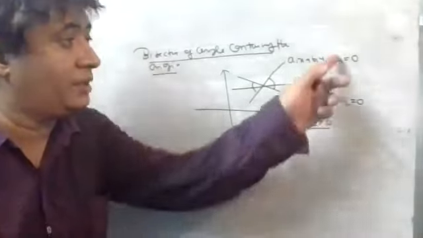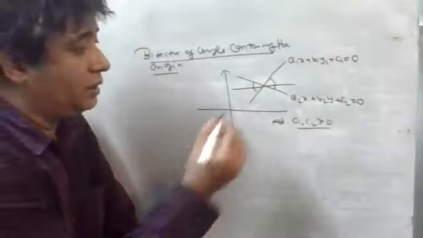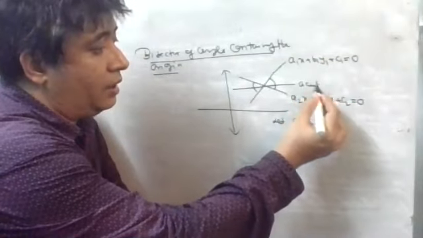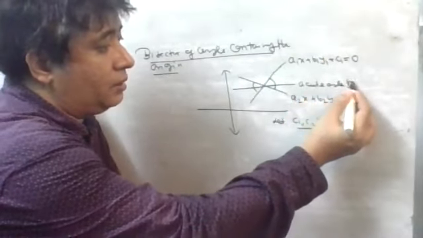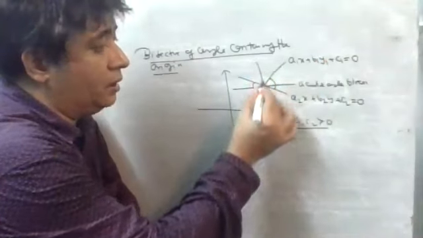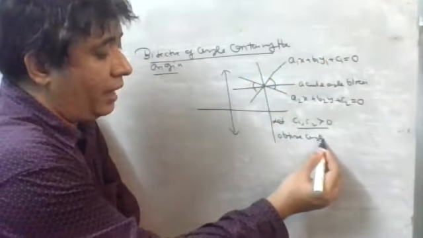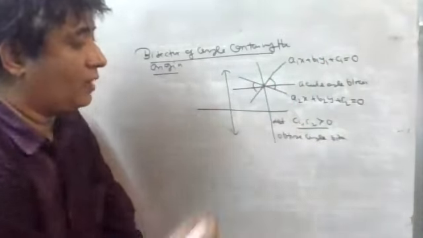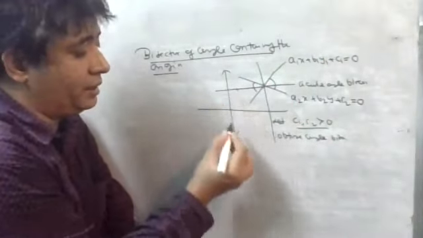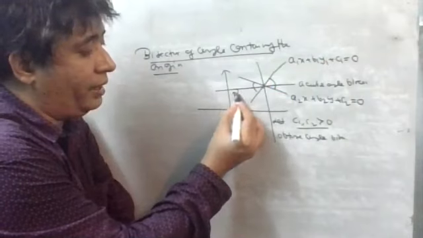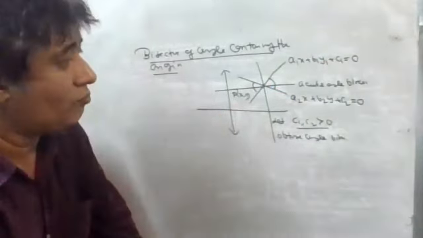Okay, c1 and c2 constants greater than 0. This is the acute angle bisector, and this is the obtuse angle bisector. Now on this bisector, I have taken one point (x, y).